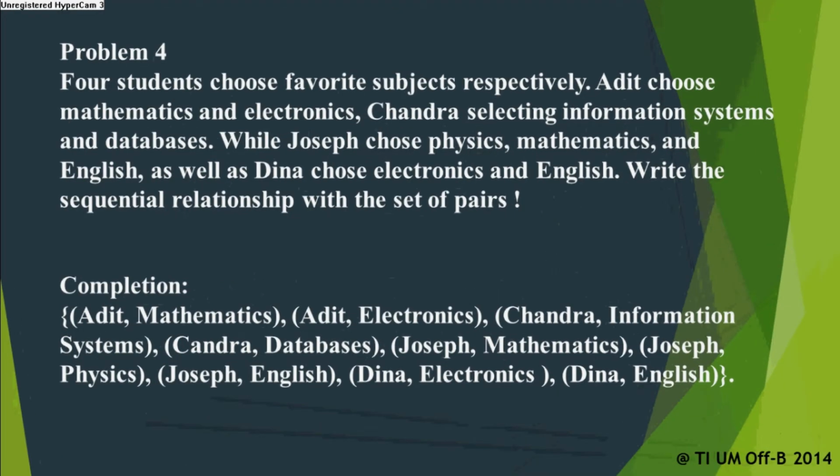Problem 4. Four students choose favorite subjects respectively. Adit chooses mathematics and electronics. Chandra chooses information systems and databases, while Joseph chooses physics, mathematics, and English, as well as Dina chooses electronics and English.